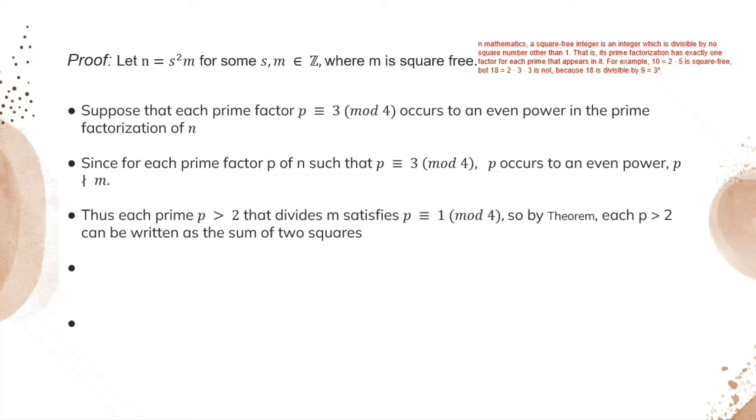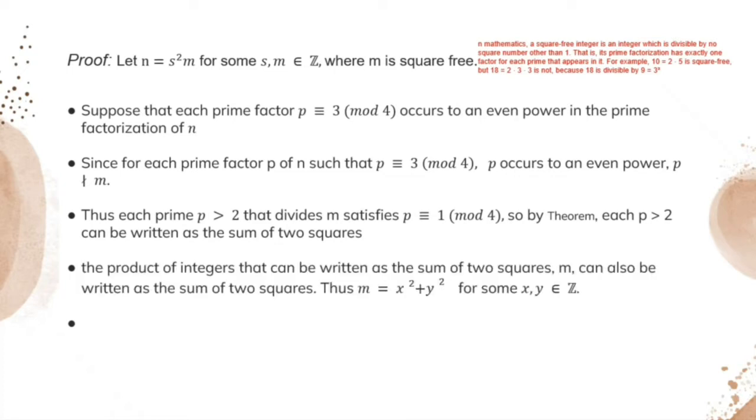There is a theorem that says each such p can be written as a sum of two squares. Hence, the product of integers that can be written as the sum of two squares, m, can be written as the sum of two squares. Thus, m equals x squared plus y squared for some x, y in the integers Z.